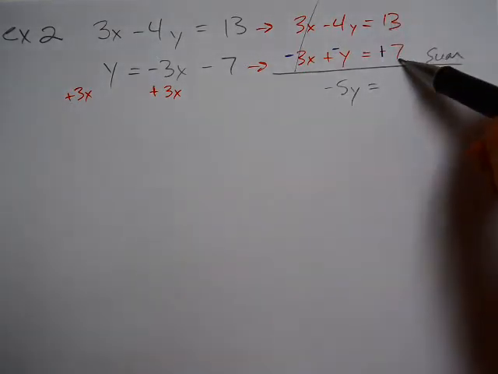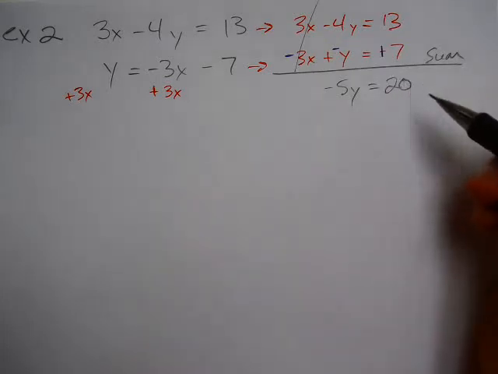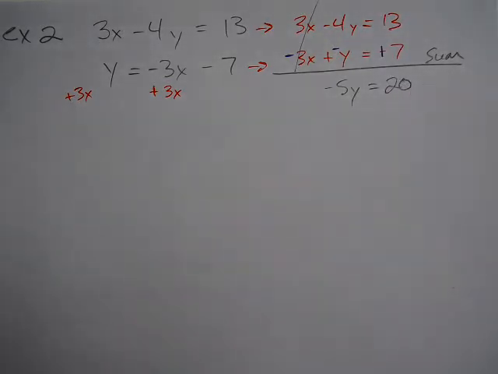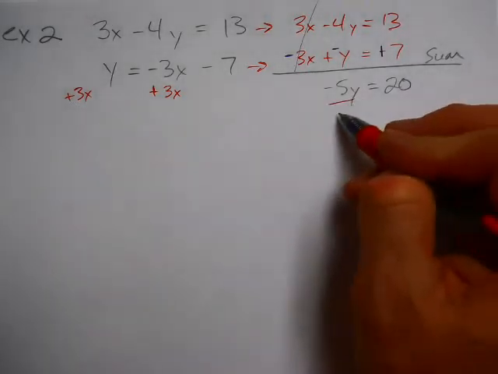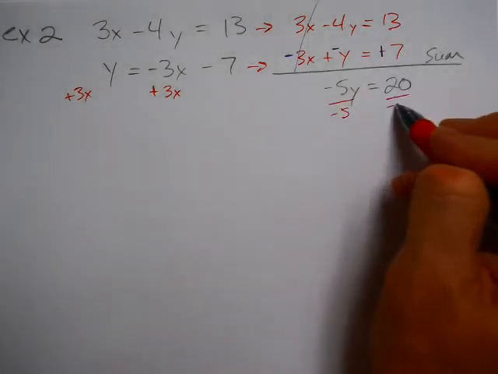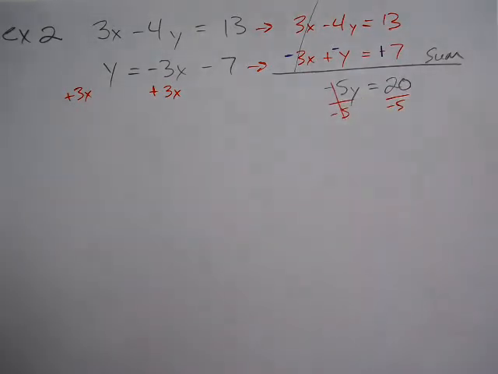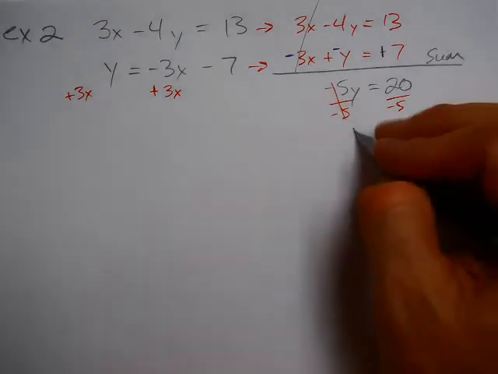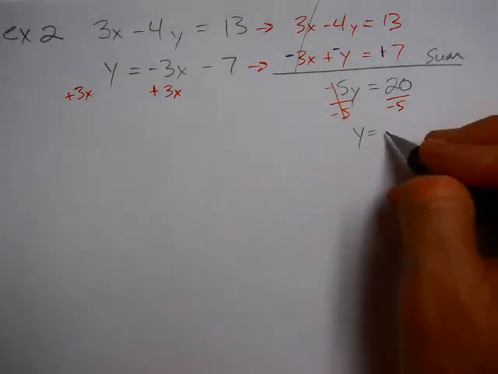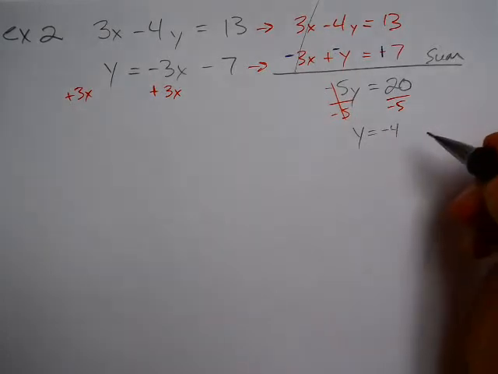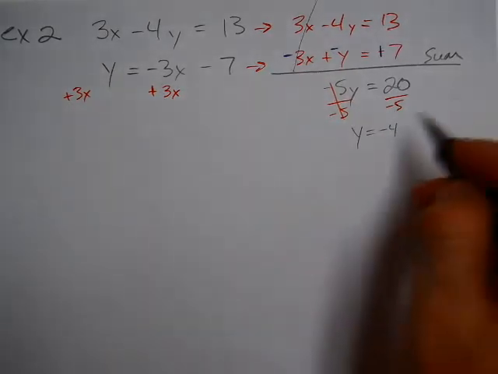And 13 plus 7? 20, yep. Now we just divide by negative 5 and we get our y value. Negative 4.